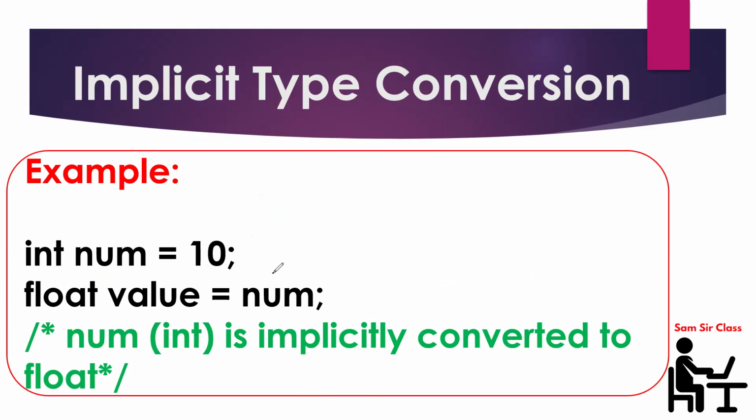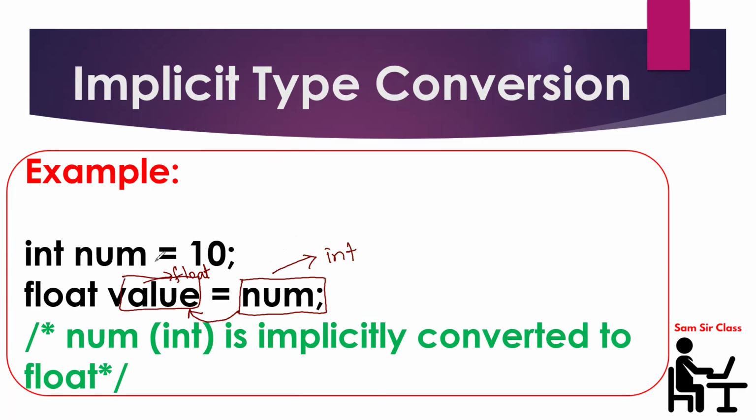Here we have an integer and a float. In the diagram that we have discussed on the basis of rank, integer is in the lower rank and float is in the higher rank. So the lower rank will be implicitly converted to the higher rank, to the float.